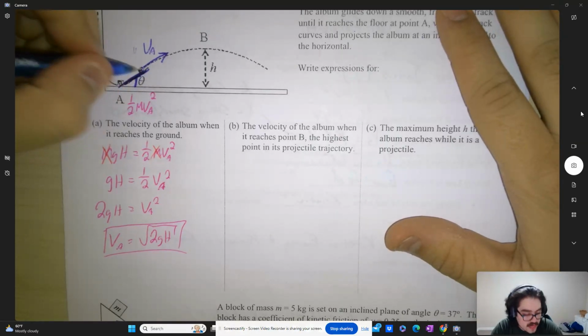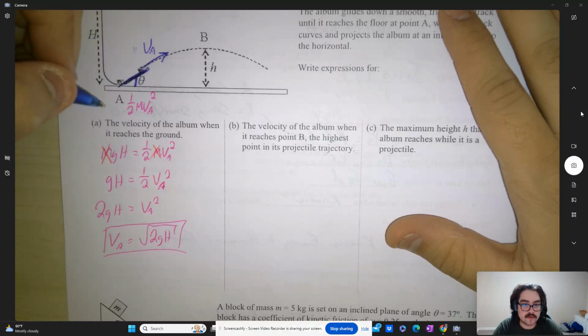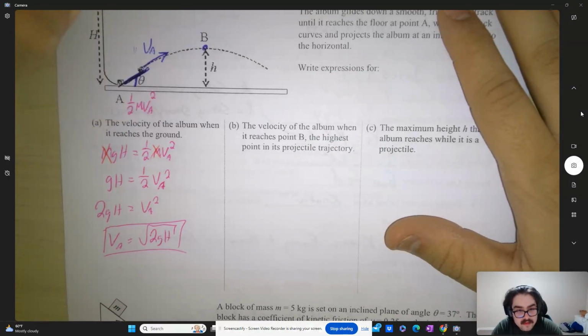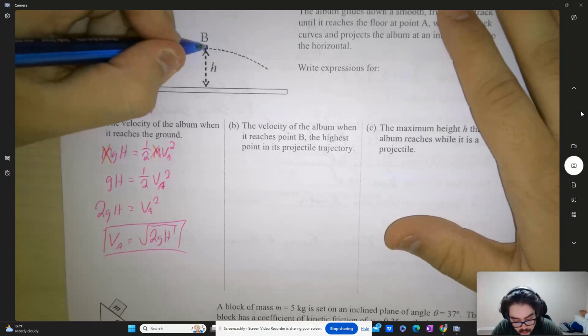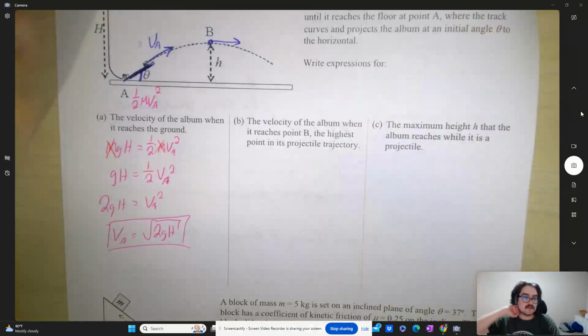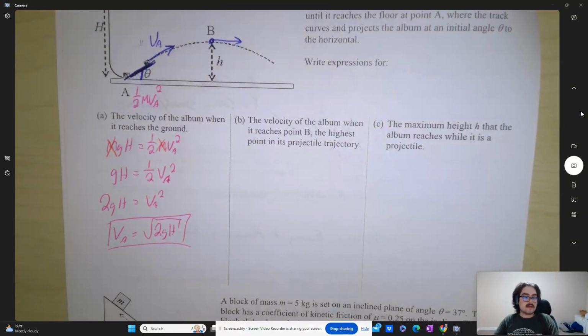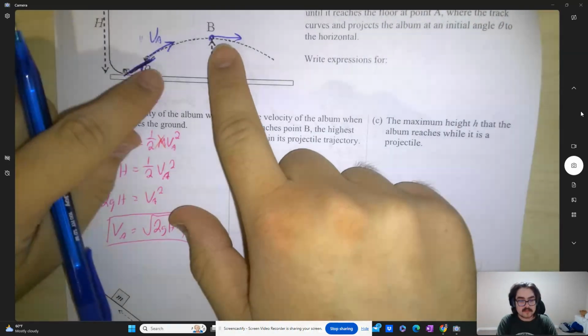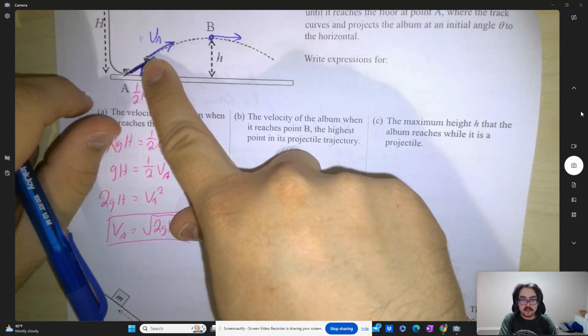That velocity has a horizontal and a vertical component. Well, at point B, there is no vertical component. It's all horizontal. Now, we can't just say that the horizontal component is equal to v_A, because it's not true. It should be the same as the horizontal component when it launches, though.